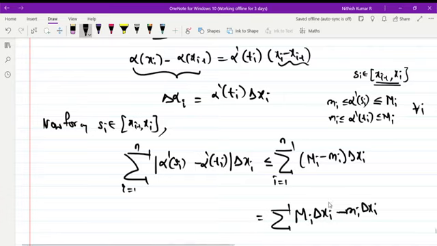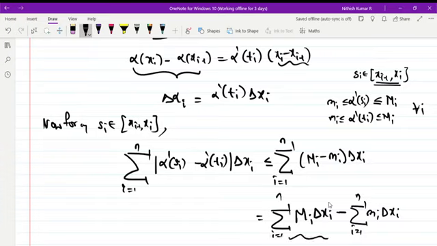We shall just distribute the summation, so minus summation small mi delta xi, i is equal to 1 to n. If you observe, this is nothing but U(P, alpha dash), and this is nothing but L(P, alpha dash).